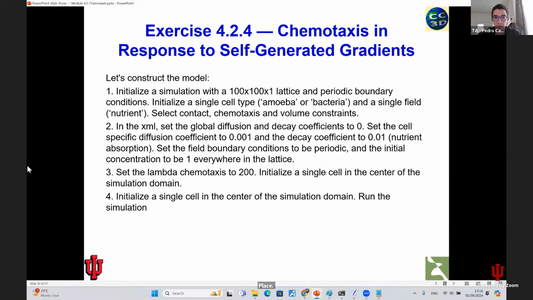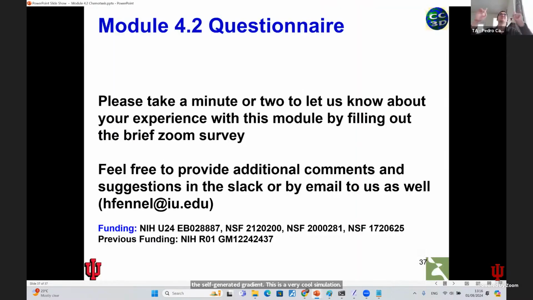This is a very cool simulation, and this is one of the few very simple simulations in CompuCell that is very much meaningful in terms of biology. So please take a minute to fill out the poll. I will launch the module questionnaire, and we are officially open for Q&A.